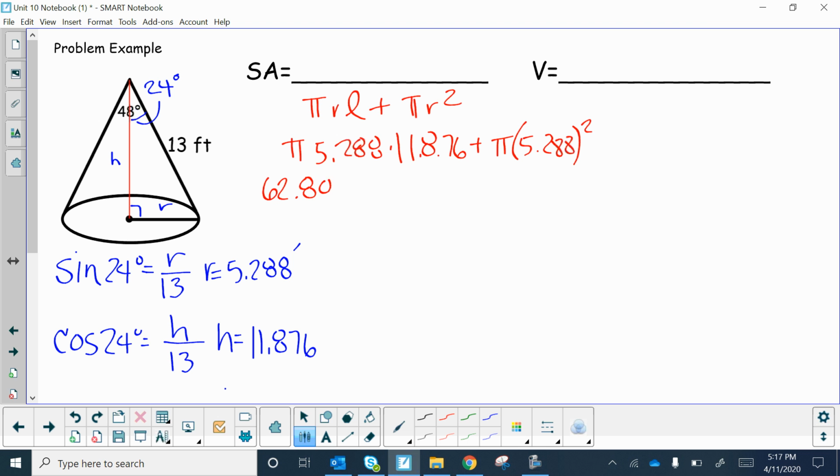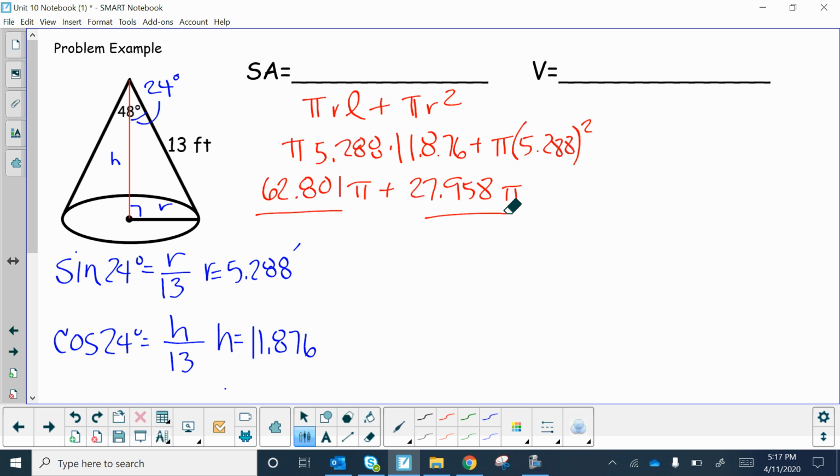62.8007 pi, so 62.801 pi, plus, I'm going to get the long exact answer again for the radius. So I'm going to do 13 times sine of 24 again, just because I like to have the long value. And now I'm going to square that. So this is roughly 27.958 pi from my calculator. Now I'm just going to add these two together.